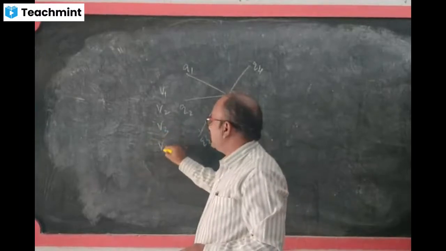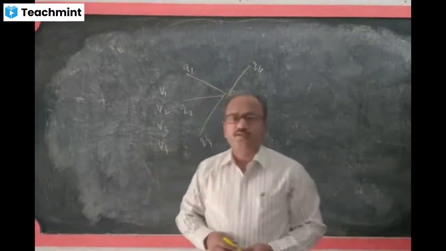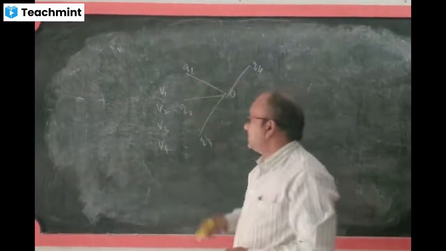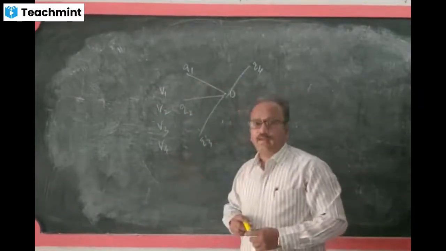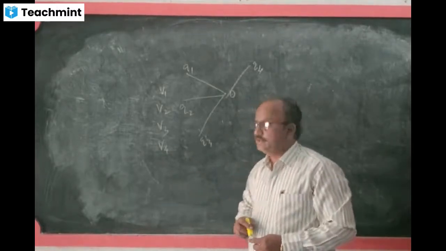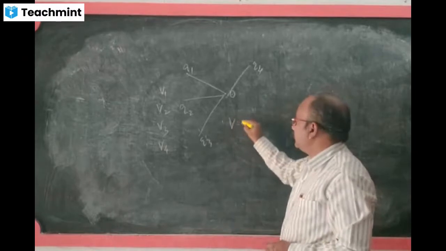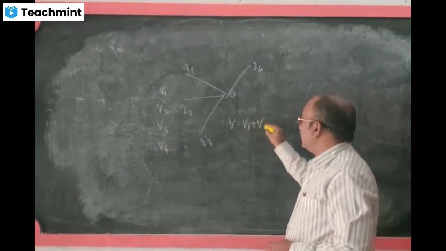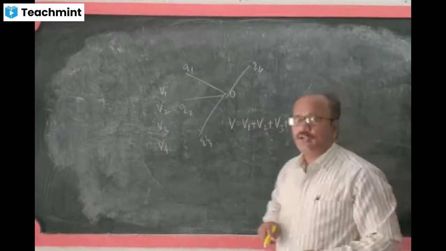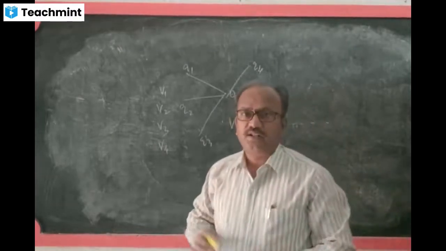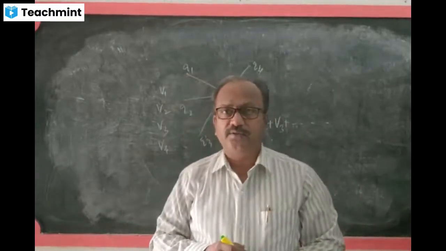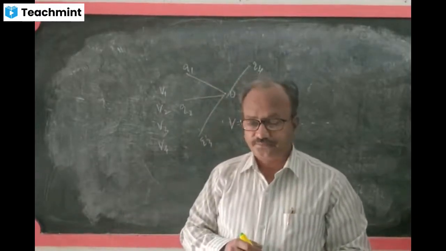V3 is the electric potential due to the third charge at point 2. Similarly for V4. Then the total potential of the system of charges is taken as V1 plus V2 plus V3 plus V4, and so on. It is the addition of the electric potentials of the system of charges.